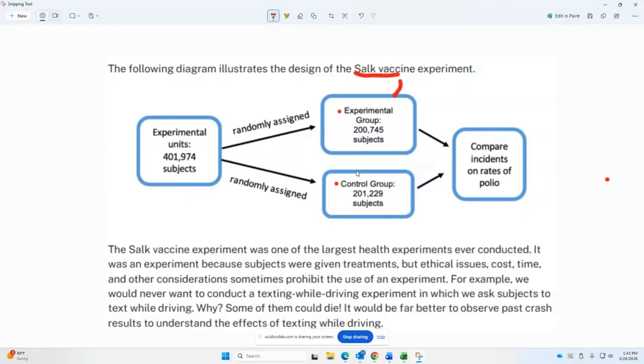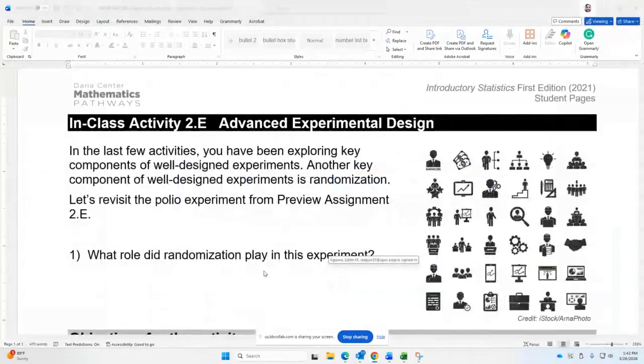So they did not get the actual Salk vaccine. But you have to make sure these two groups are exactly the same so this experiment works well. This was just a placebo, like a fake pill, and then you tested the results and compared the results.